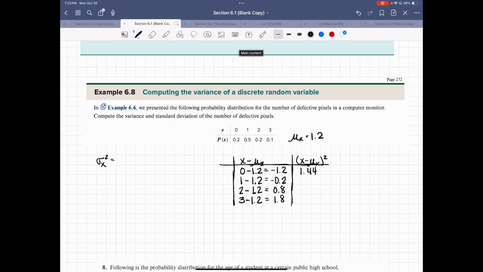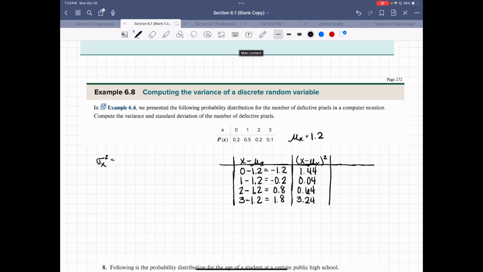You agree? 0.2 squared is going to give me 0.04. 0.8 squared should give me 0.64. And 1.8 squared is going to give me 3.24.